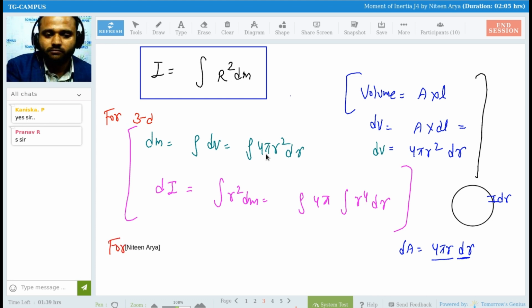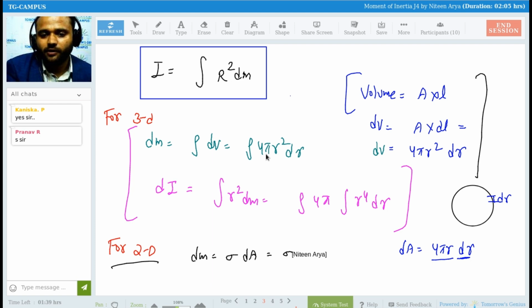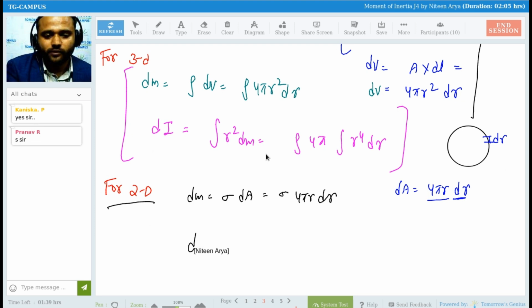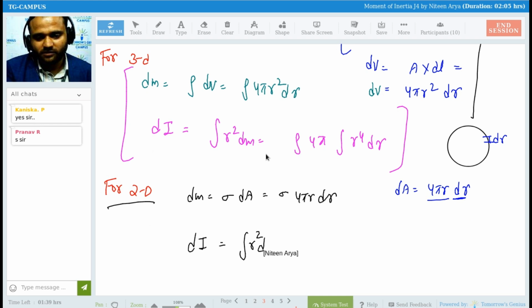For 2D, dm is going to be sigma into dA, where dA is going to be 4 pi r dr. And then dI, because I want to find dI, is going to be again r square dm, and that is sigma 4 pi integration r to the power 3 dr, because r1 is here and r square is there.